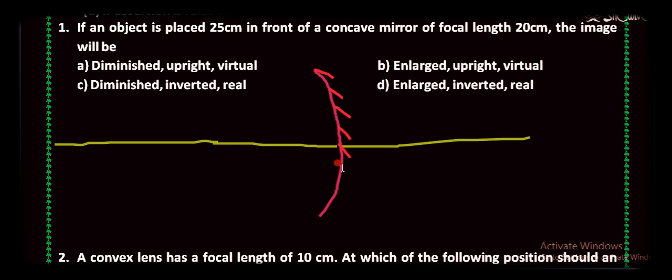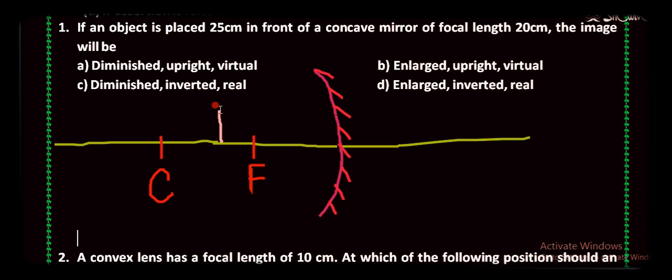So what will happen, students, in this case? This is the focal length, let's suppose F, this is the focus point, and this is the center of curvature. The focal length was 20 centimeter, but the object is placed at 25 centimeter.